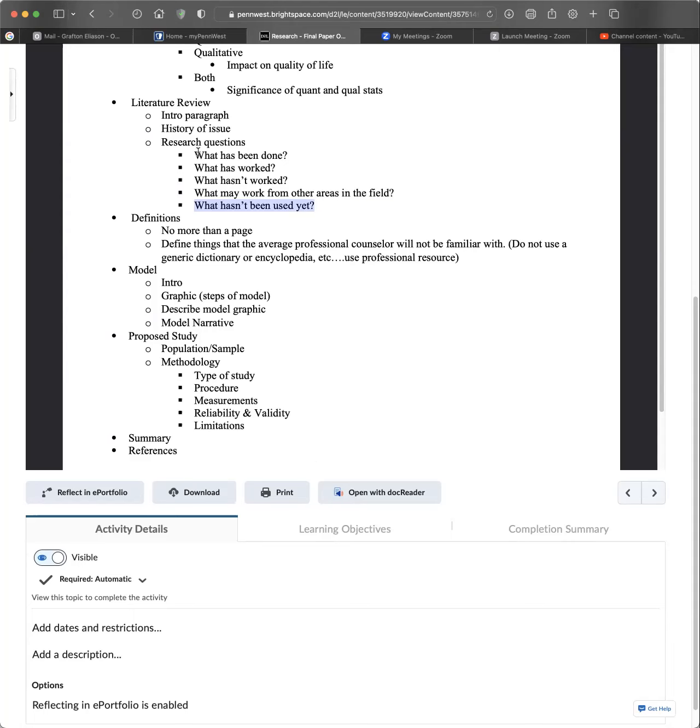So these two are the longest sections. This is the third longest section, and these two might be pretty short. Okay? And that's where you're going to end your paper.